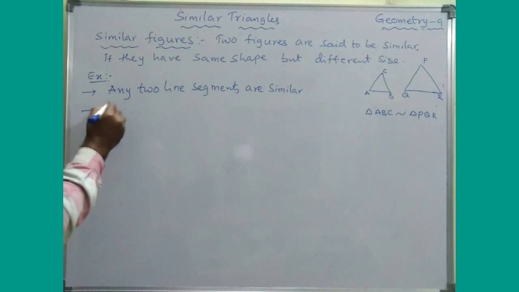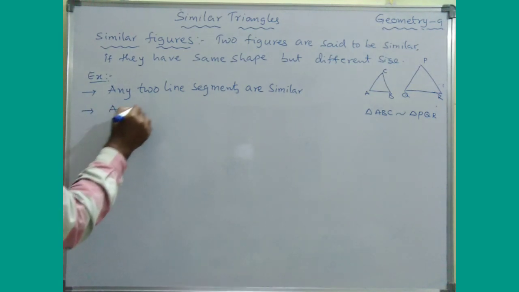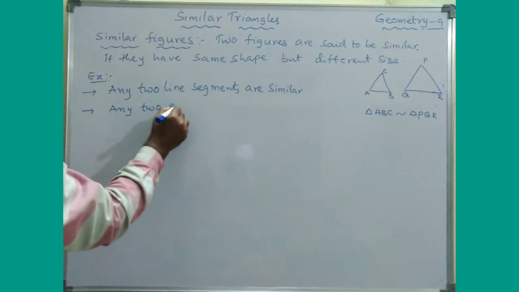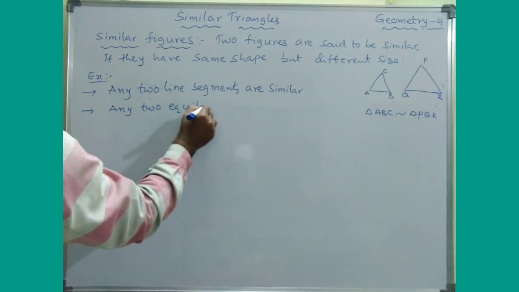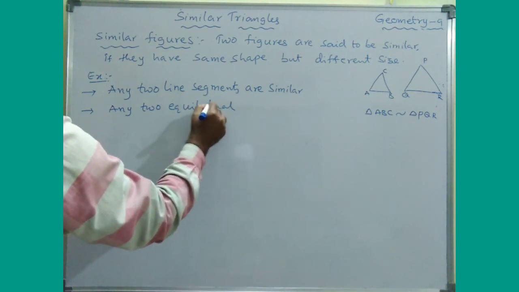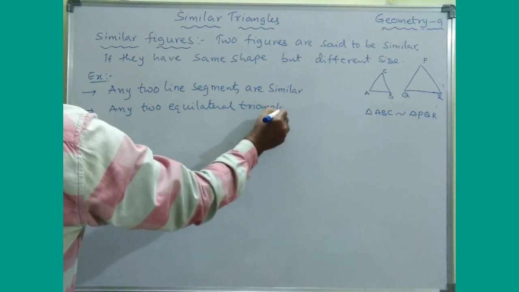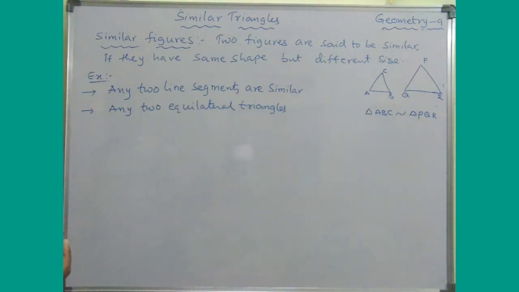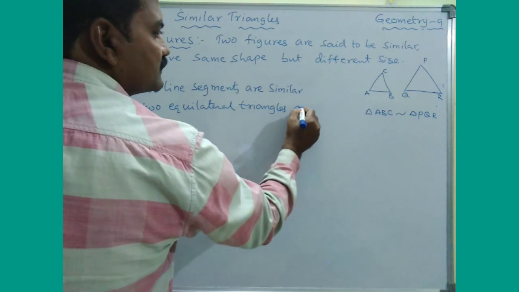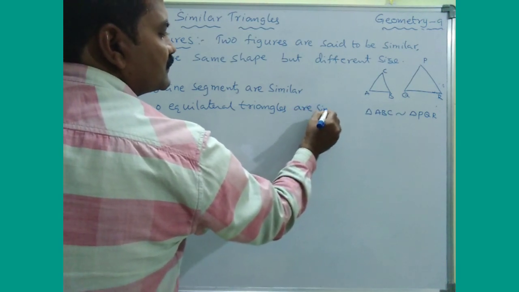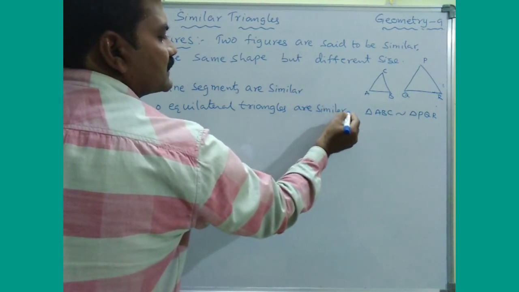Next, any two equilateral triangles are similar. Equilateral triangles.